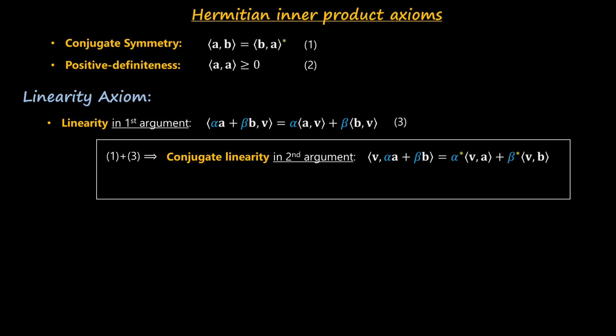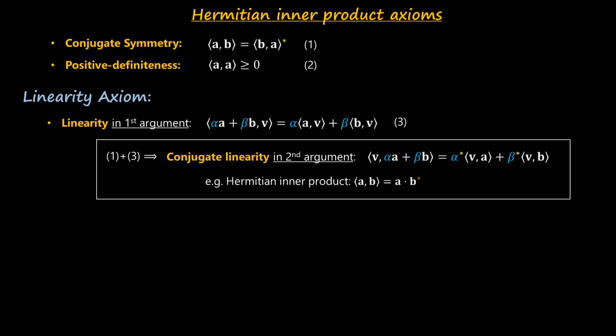This is easier to understand by considering the common example of the Hermitian inner product as the dot product between A and the complex conjugate of B. Clearly, if we scale B by a complex number, the whole product will be scaled by its complex conjugate.